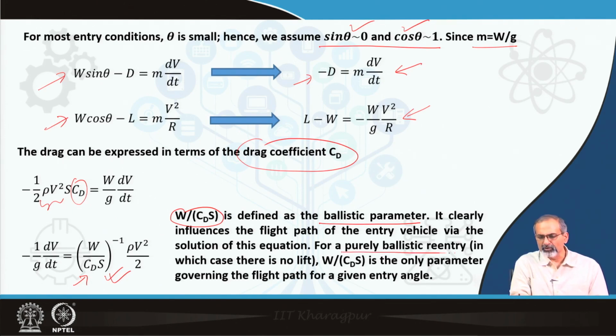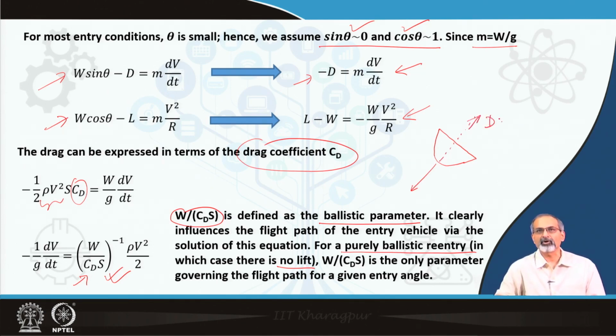And if you have a purely ballistic re-entry, that means a case where there is no lift, you may imagine that capsule like surfaces would have that kind of behavior, where because of the symmetry of the body along the flight path direction, you would end up having only drag acting on this body.